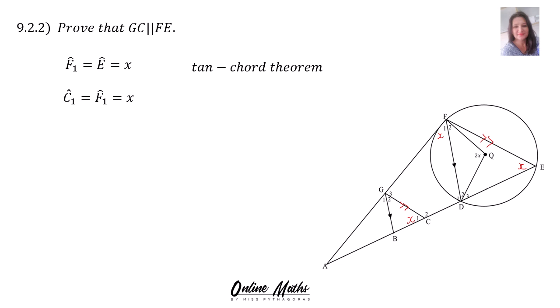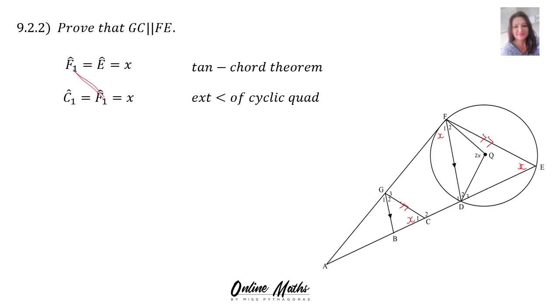But what's your reason? That one is the exterior angle of a cyclic quad, because right at the beginning they told us that GFDC is a cyclic quad and C1 is the exterior angle of the cyclic quad. Now we can see that both these statements have F1 in common.